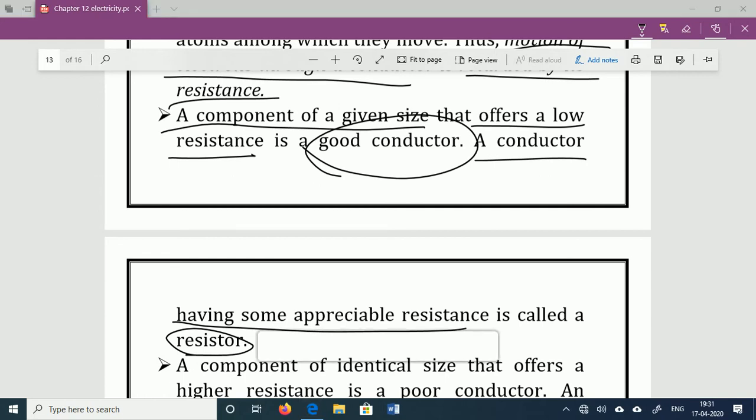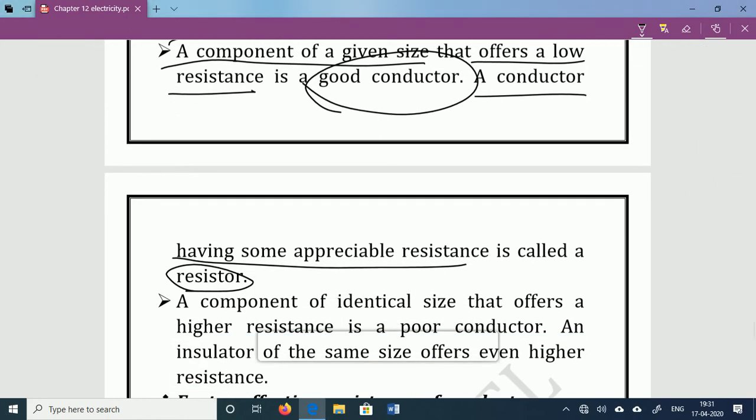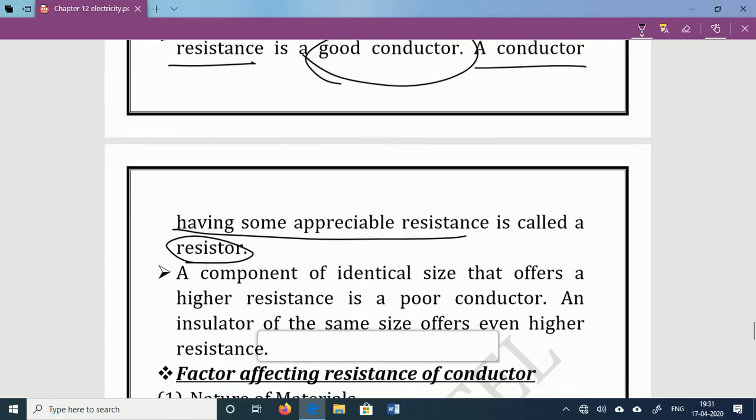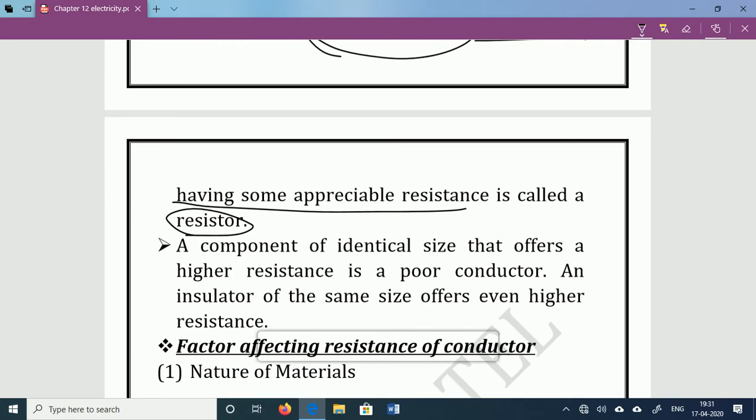So on the basis of resistance we can classify the material as a good conductor and a poor conductor. The component of identical size that offers high resistance is a poor conductor, as we discussed.